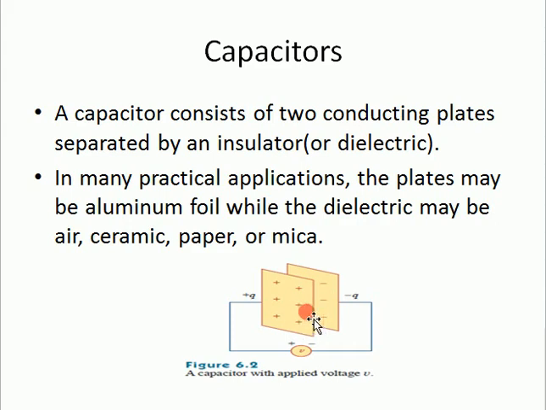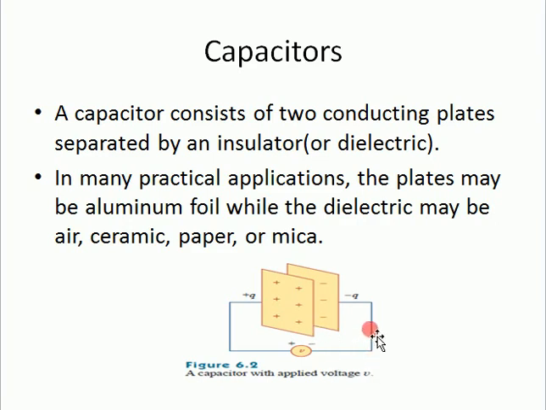In order to keep them separated from one another, we have to place the insulator or dielectric material here. These plates are made of aluminium foil, while the dielectric may be any insulator, such as air, ceramic, paper, or mica.